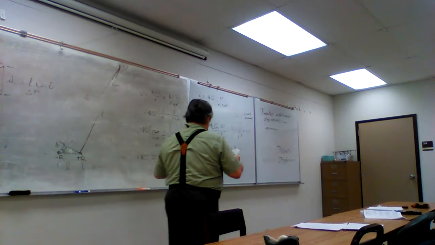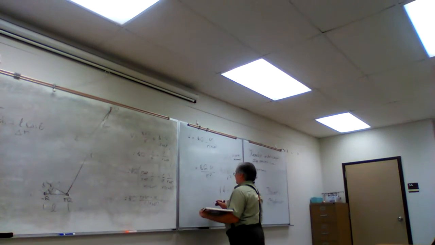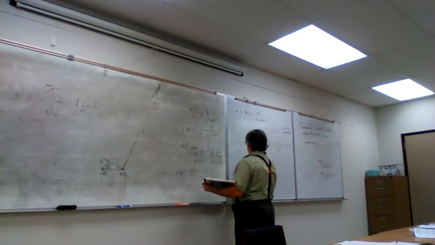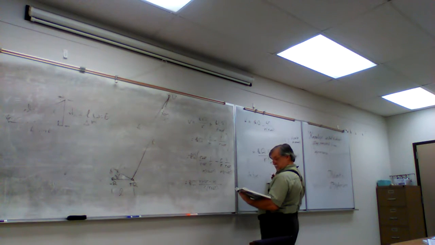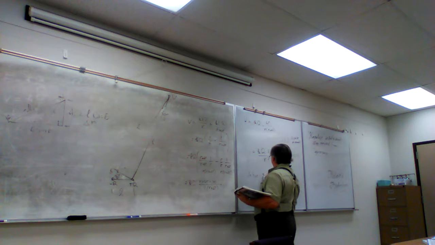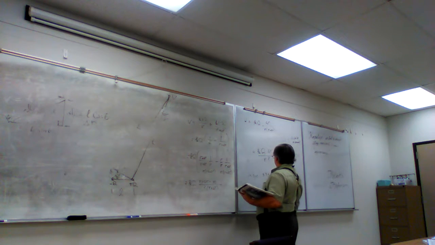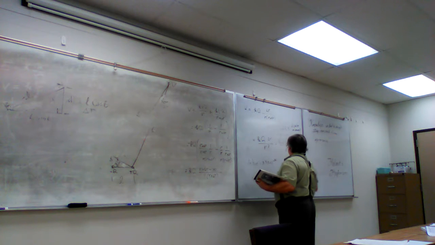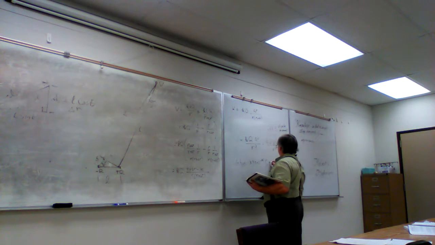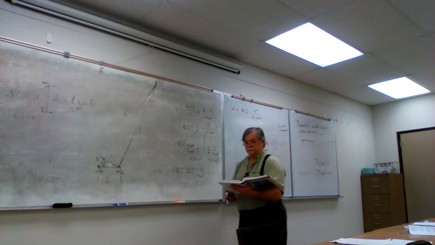A debye is by definition 3.33 times 10 to the minus 30 Coulomb meters is 1 debye.